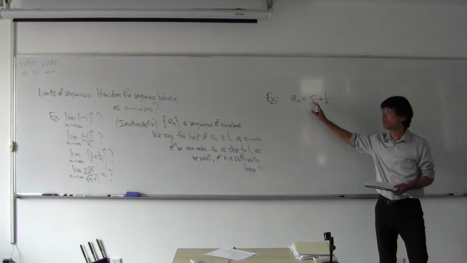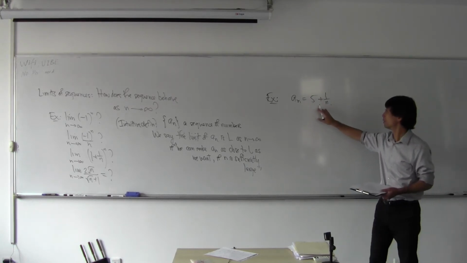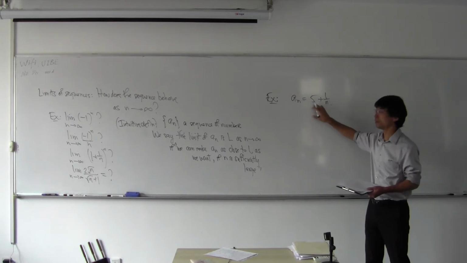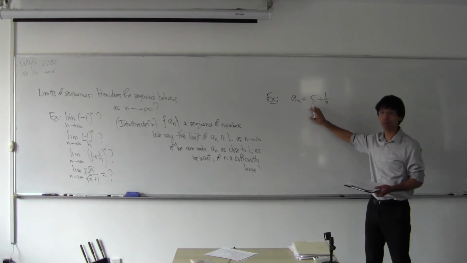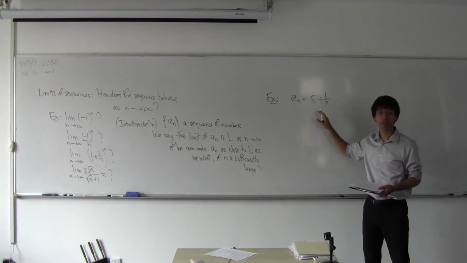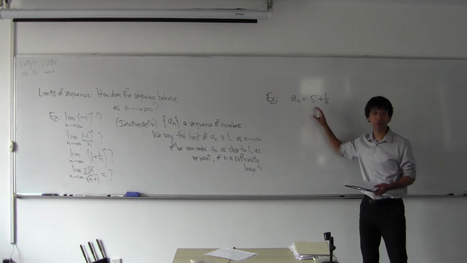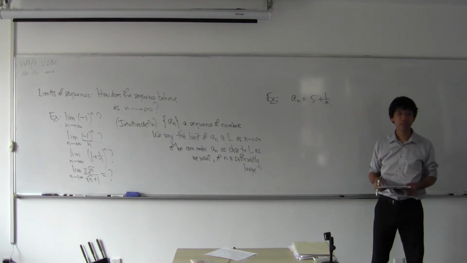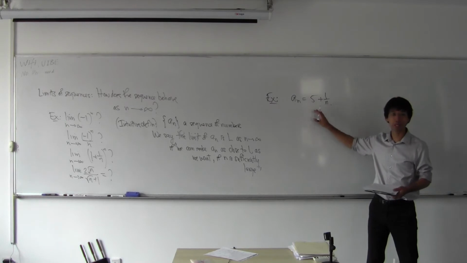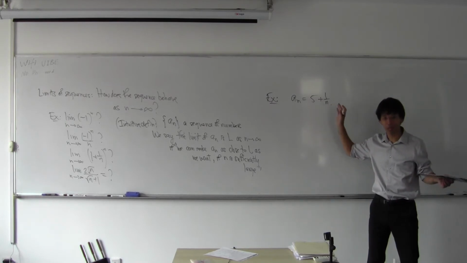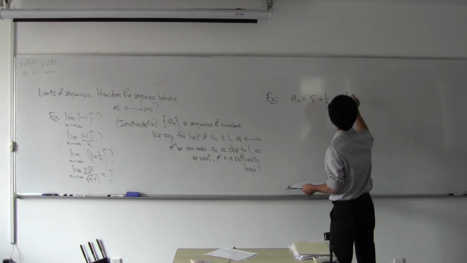It's going to be 6, 5 and a half, 5 and a third, 5 and a quarter, 5 and a fifth, etc. What happens as n goes to infinity? You're going to get the number 5, of course. The limit of this is 5.